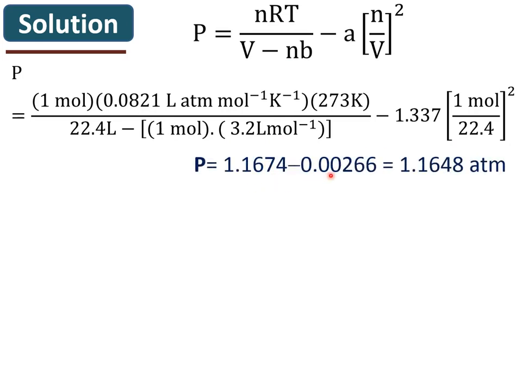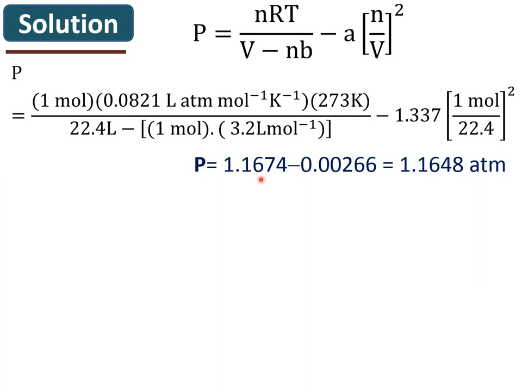So finally you will find the pressure equal to 1.1674 minus 0.002. How about this term? This term is very small, right? This is a pressure correction, this term, A times N over V squared. Even if you subtract this value from 1.1674, you will find that the result is very close to the value before the pressure correction, right?